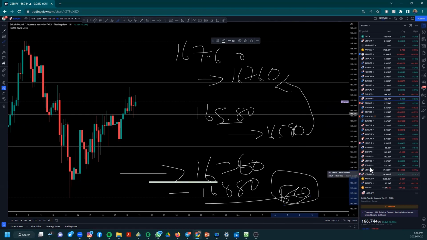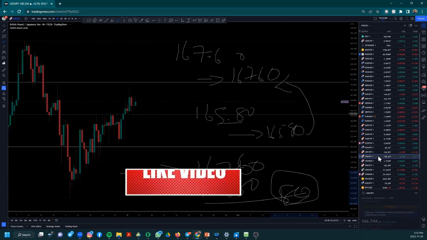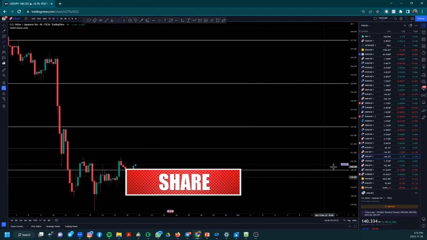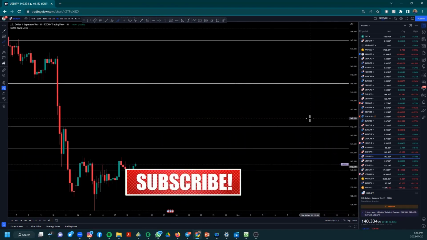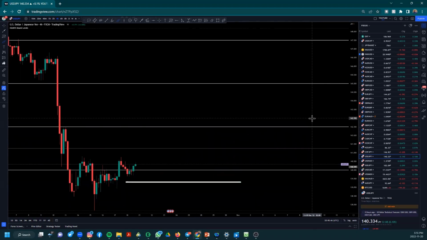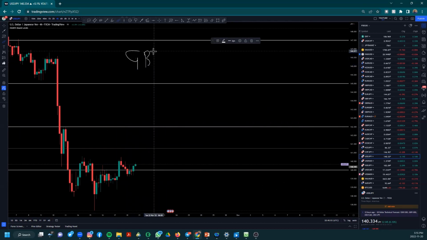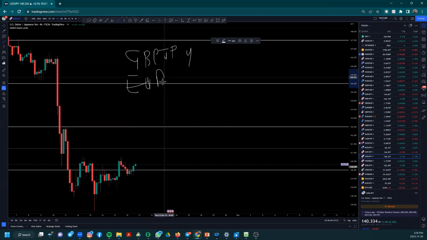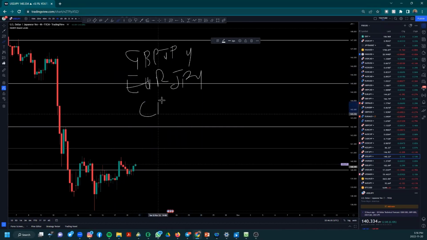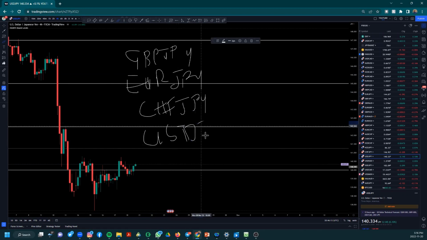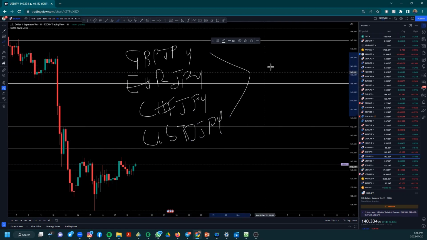So let's look at a pair like USD JPY. USD JPY has 3 numbers before the decimal point, so it's similar to GBP JPY, Euro JPY and CHF JPY. All of them have 3 numbers before the decimal point.